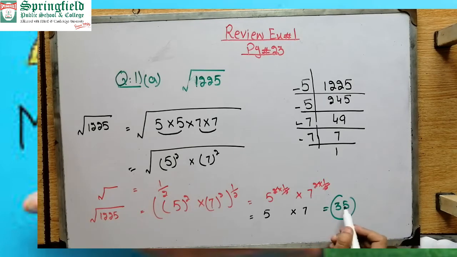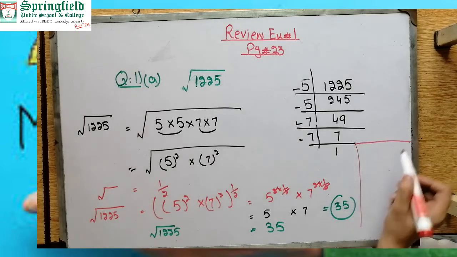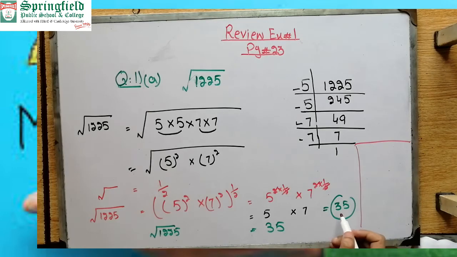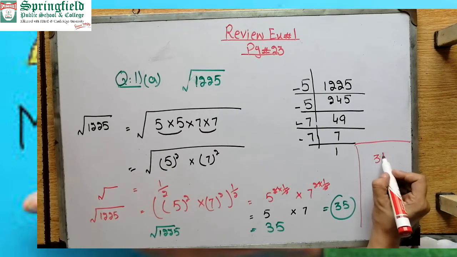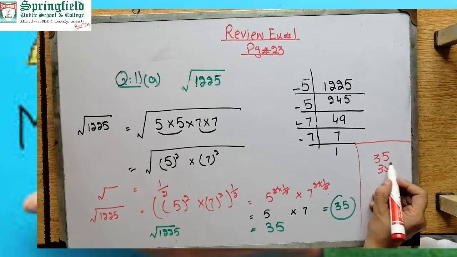And 35 is the square root of 1225. Understood, beta? You can check here whether your answer is correct or not. 35 square root means we will multiply 35 two times.